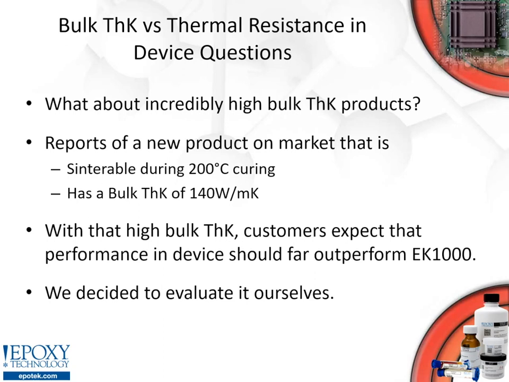There are reports of new products on the market, sinterable silver systems that have thermal conductivities in the 140 watts per meter K. Could something with as low a thermal conductivity as 26 watts per meter K ever compete? Well, in several of our in-part customer tests, the EK1000 outperformed the silver sintering system, and we wanted to investigate why.